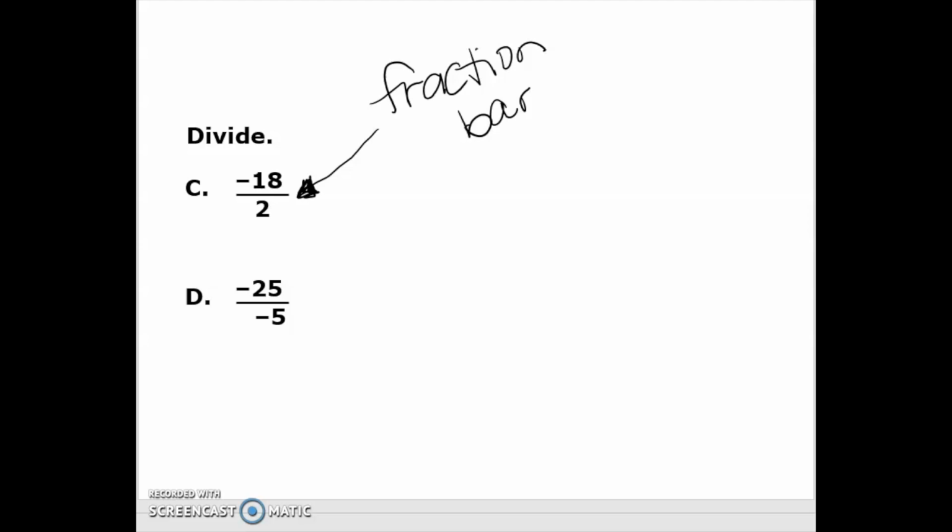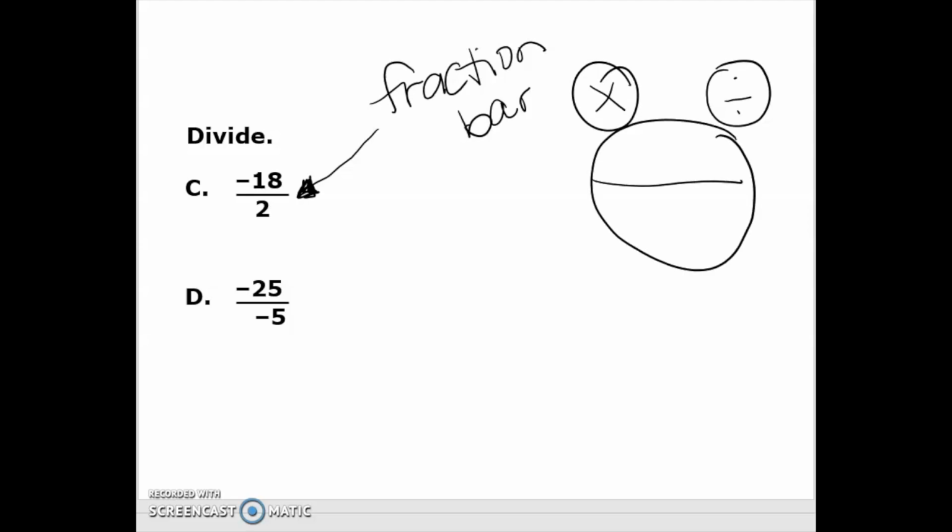In this problem, it's just numbers. If we don't have our Mickey Mouse drawn for us, we just quickly add that. Remember, Mickey Mouse only works for multiplication and division. When we have addition and subtraction, we're going to want to follow some other rules. So we've got our Mickey Mouse, and we would cover up a negative for the 18 and a positive for the 2.